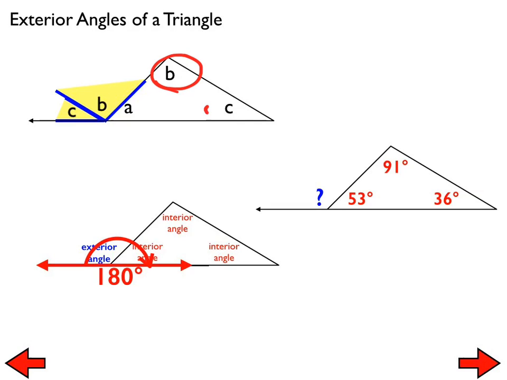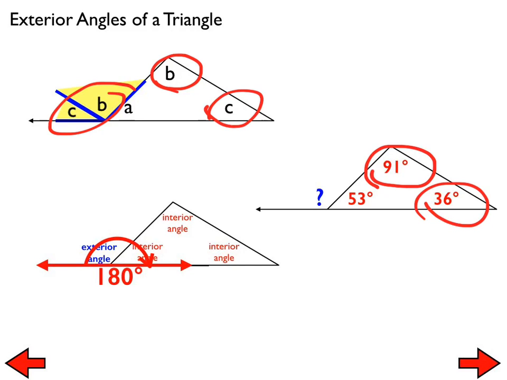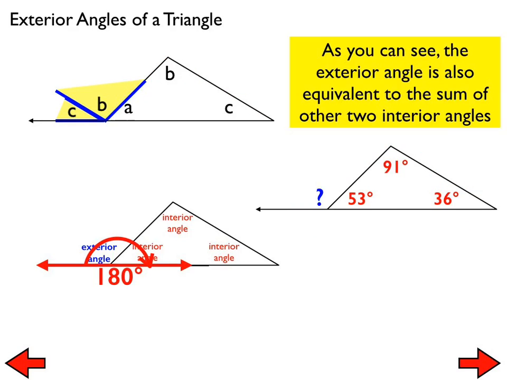Look, that angle and that angle. That's what I'm showing you right here. So another way of looking at it is you could find the sum of the two interior angles that are opposite that, and it would be the same thing. So if I add those two up, I would get 127 degrees, or you could do the supplementary situation there. So several ways of getting that exterior angle.